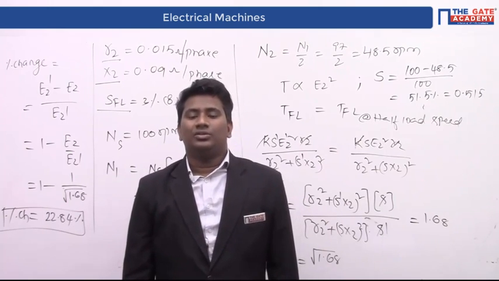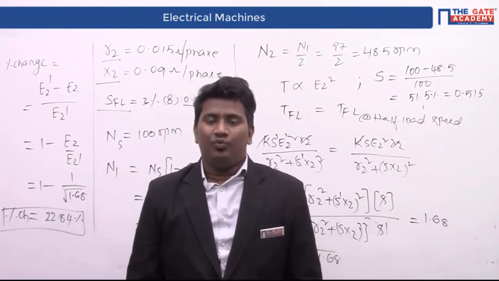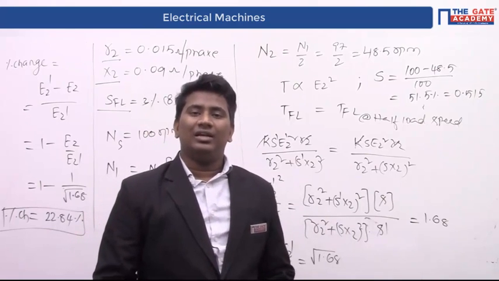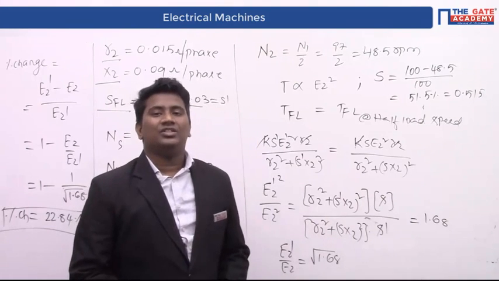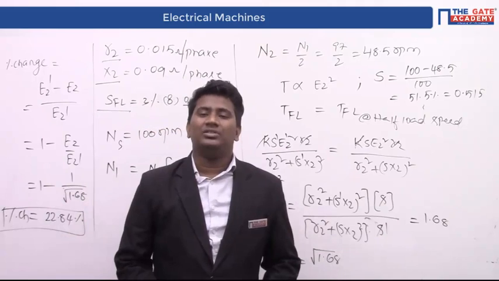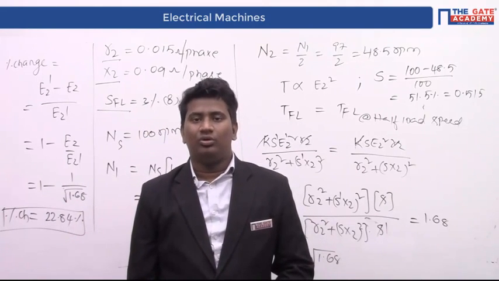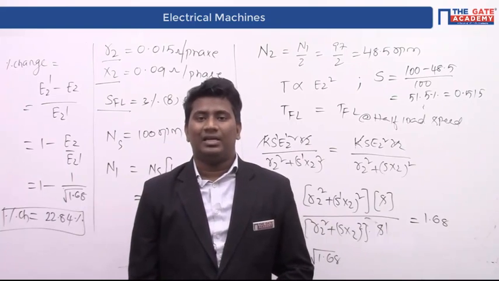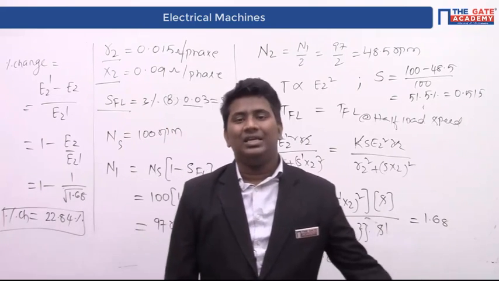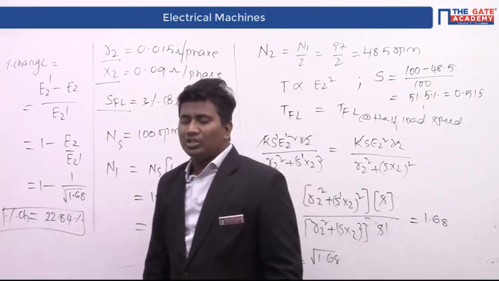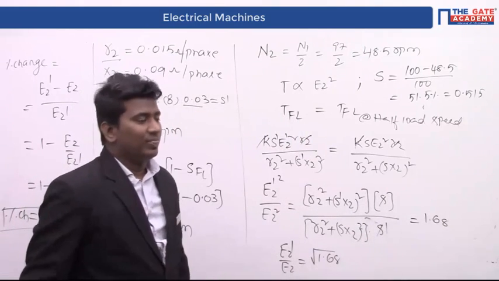Okay. So, now after this, we are going to concentrate on the next machine, which is transformers. In transformers, how are they asking the questions? In which area do we have to focus more to answer GATE examination questions? So, let us see how to solve those questions in transformers.